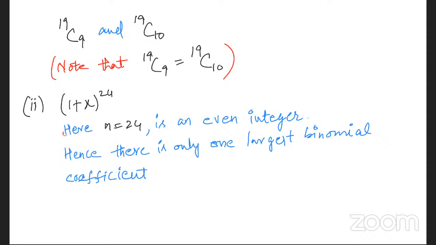What is it? nC(n/2). n is 24, so we get 24C12, since 24 by 2 is 12. So 24C12 is the only largest binomial coefficient.